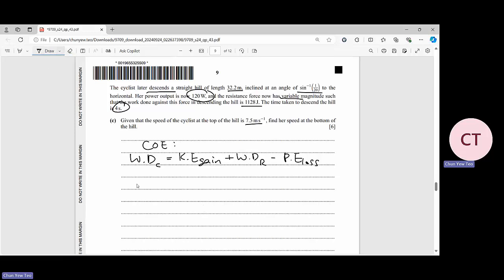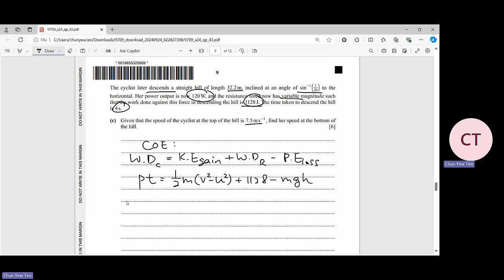Okay, so the PT is equal to the half M, the KE gain, V square minus the U square, plus the work done by the resistance already given, 1128, minus the PE loss, mgh.